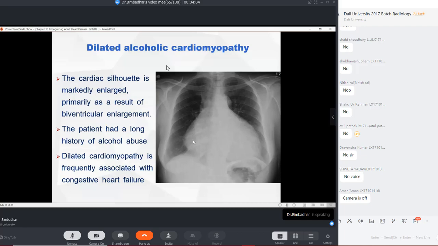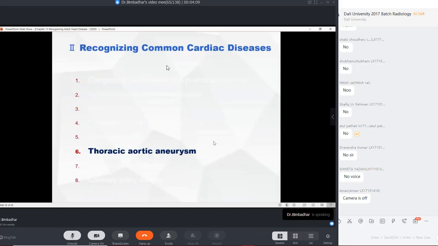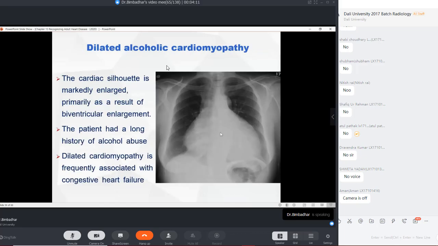So this one is called A, and this one is called B. Together they make the whole diameter of the heart, the distance between the right atrium to the left ventricle.